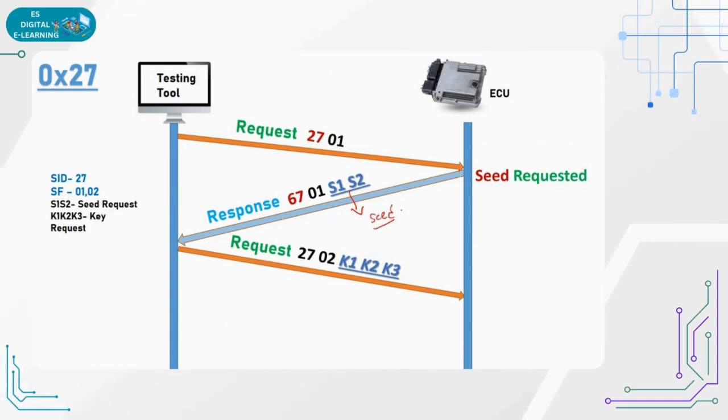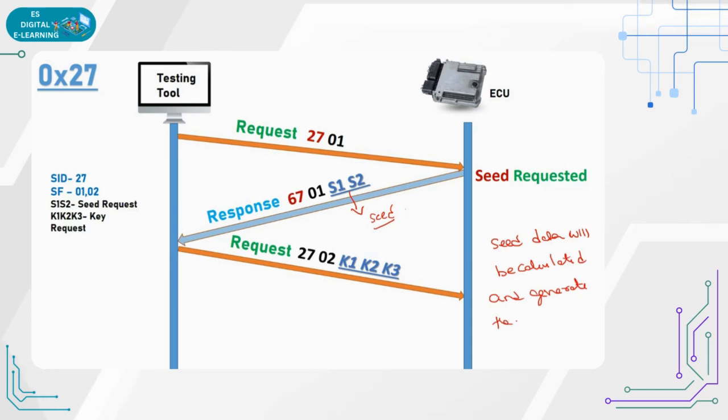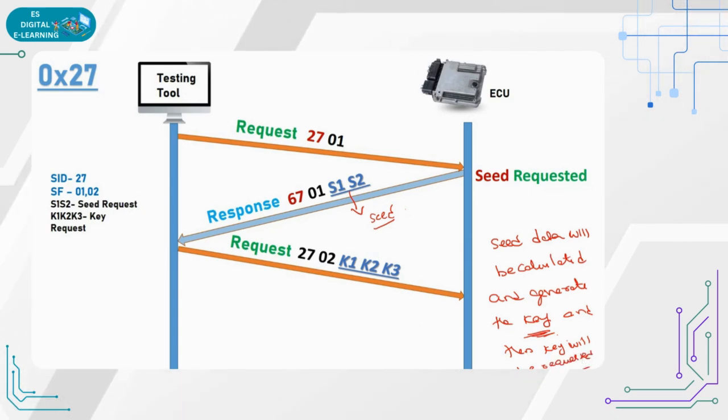So you need to write down that the seed data will be calculated and generate the key, and then the key will be requested. You need to say like this in an interview.